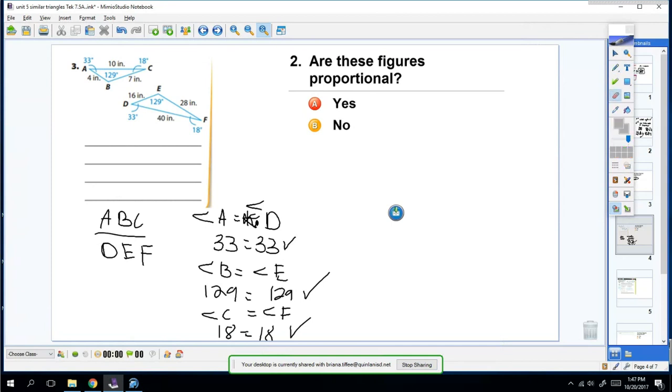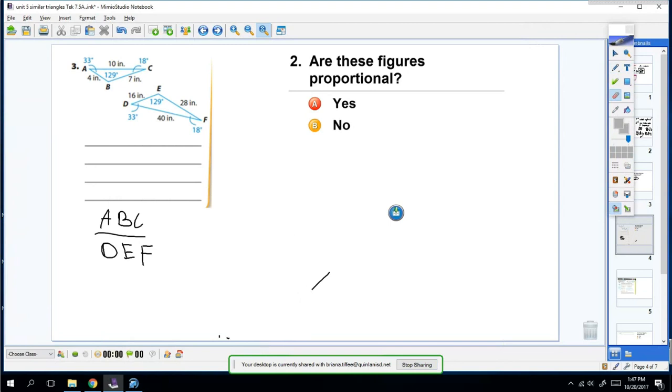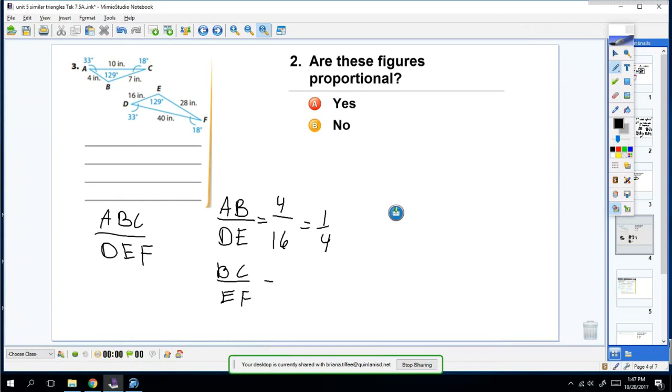Now we've got to check to see if our sides are proportional. The first side I'm looking at is AB, which goes to DE. AB is 4. DE is 16. That simplifies down to 1/4. My next one is BC, which goes to EF.